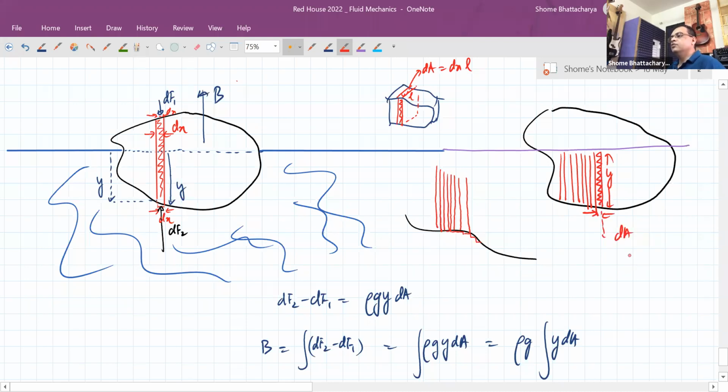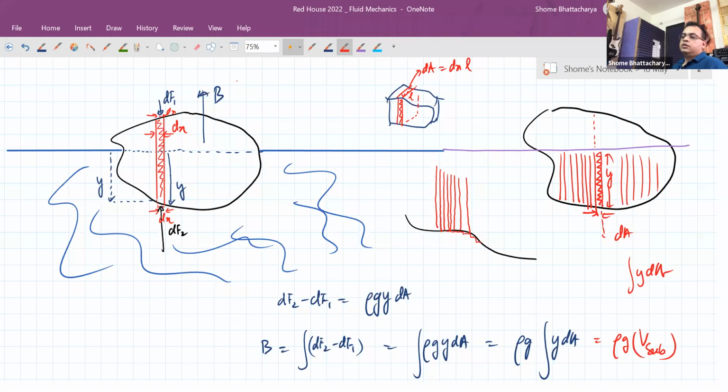So the integration of y dA is nothing but the volume of this whole submerged part, because y dA itself is the portion of this vertical plate which is submerged underwater. The y part is underwater and the remaining part is above water. So this will be nothing but the volume submerged. So that is a more general proof of Archimedes principle.